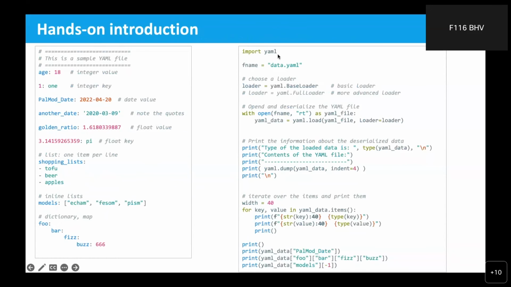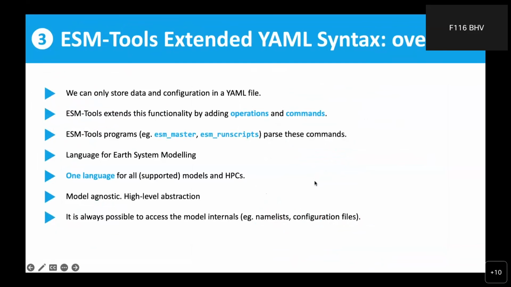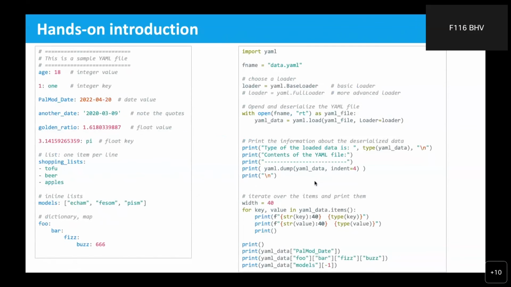We are importing the YAML module that allows you to load a YAML file and parse it. And then we are doing different operations and extracting different stuff from this data. So you can actually copy and paste that file, and if you also have the YAML module available, then you can run the whole thing and play with it to see how it works.